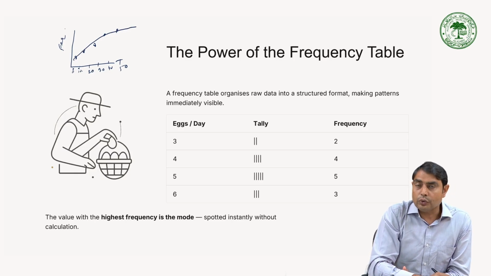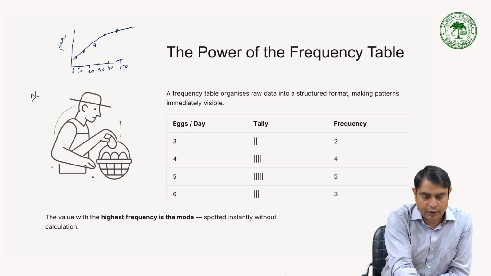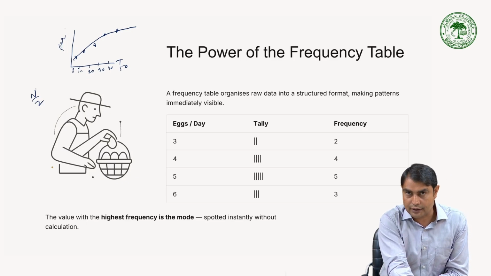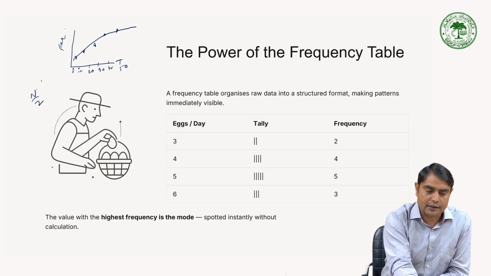To find the median graphically, we learned that we have to find the n by 2 value, where n is the number of observations. In case it is grouped data, then it becomes the total frequency. If it is ungrouped data, then it is the number of observations. If the number of observations is 10, then n by 2 is 5, so 5 will be my median.